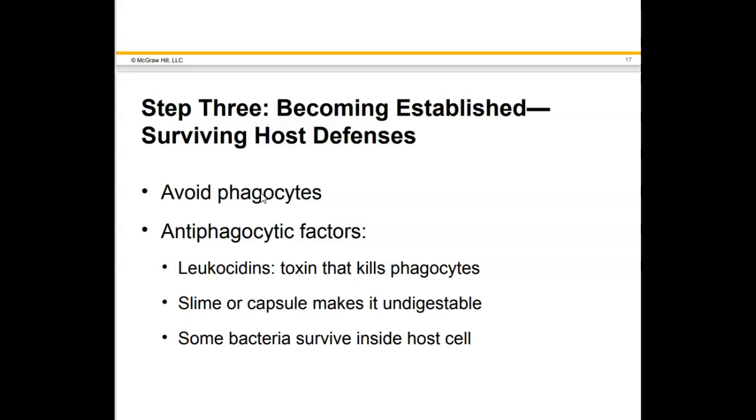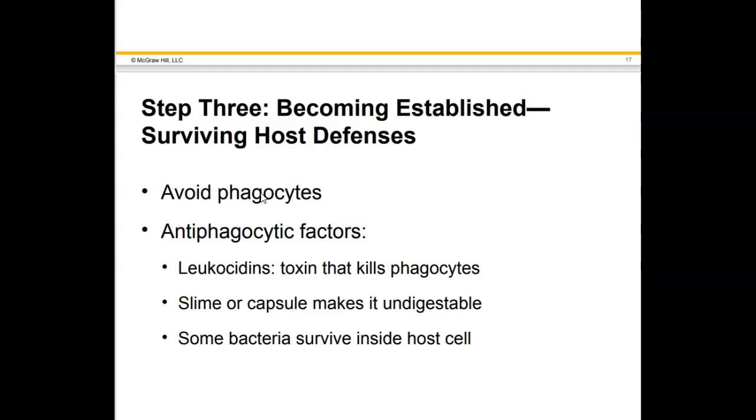They have to do this so that they can safely replicate inside your body. Now, the body has evolved many different defenses to prevent and overcome pathogen infections. And of course, pathogens have evolved countermeasures to escape your host defenses. So it's very common for pathogens to employ multiple strategies to avoid detection.